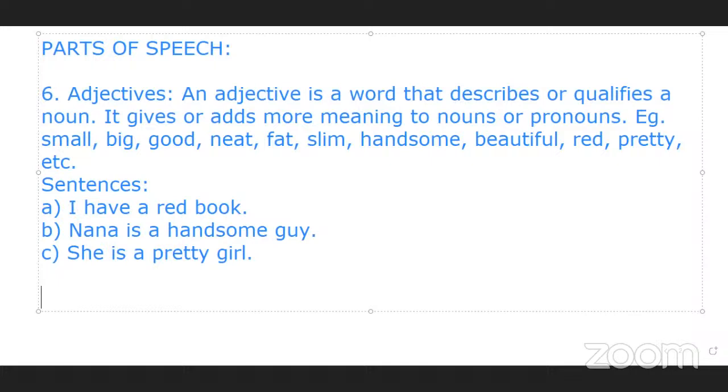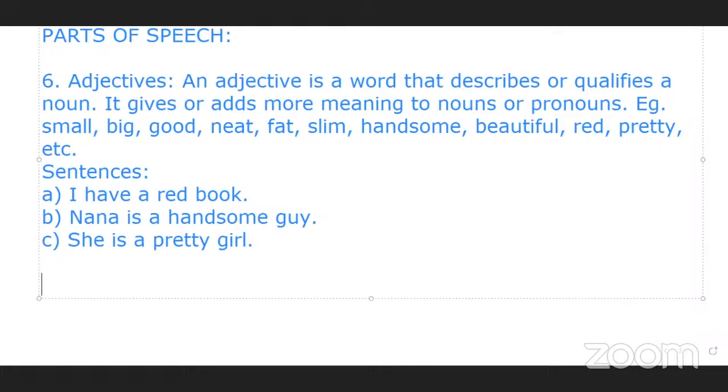But then look at it again. Just like Nana is a handsome guy, we said the handsome is qualifying the guy, which refers to Nana anyway. So my uncle is a fat man. Which noun is it qualifying? The man. Great. So the man still refers to my uncle anyway. The fat is qualifying the man.